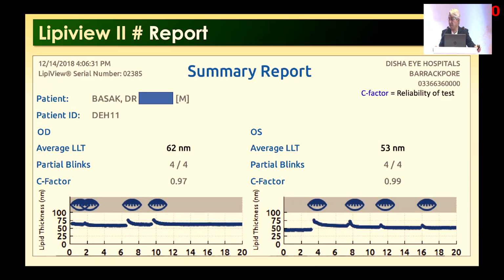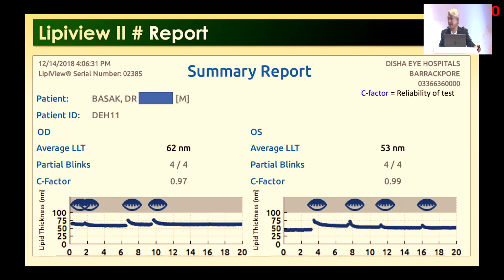This is my meibomian gland. It was done in December 2018. You see that LLT is just borderline. I am a totally partial blinker, no complete blink, 100% partial blinker.